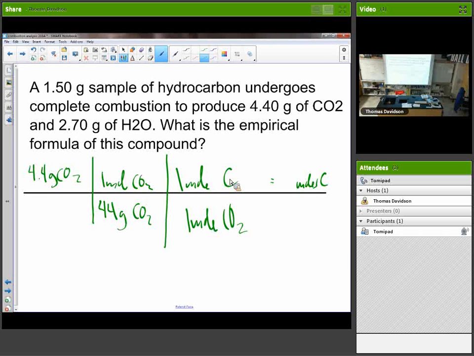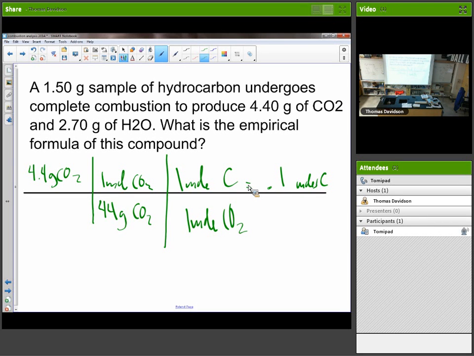So I take 4.4 and I divide it by 44. 0.1, right? 0.1 moles of carbon.